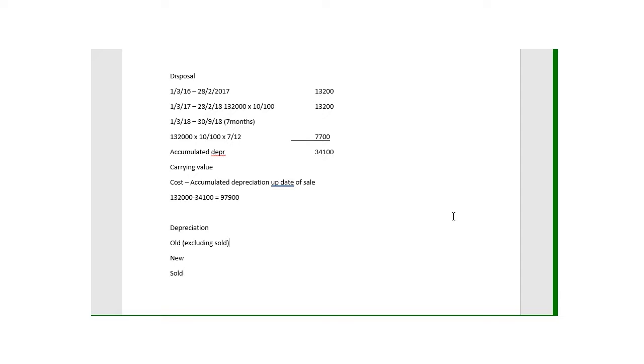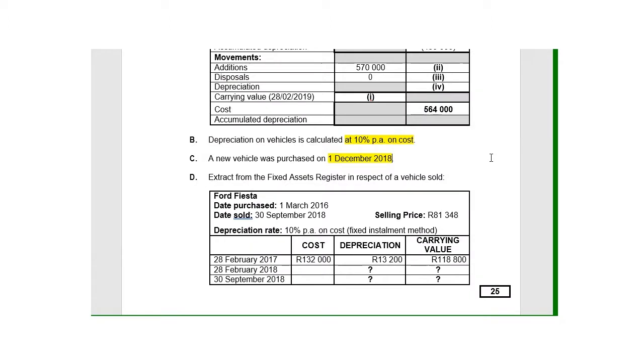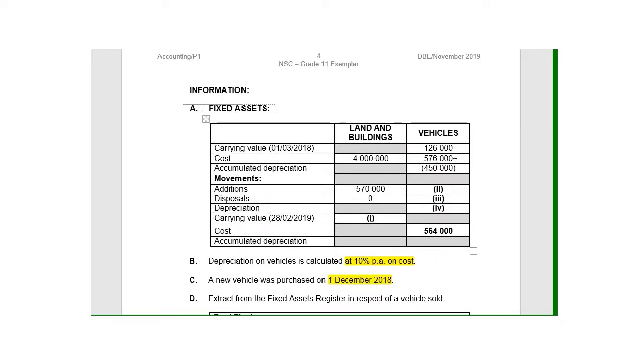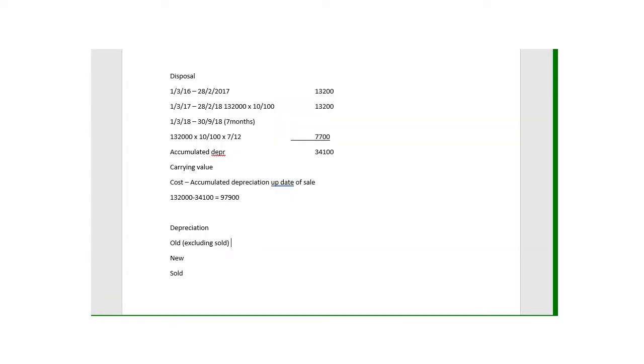Old excluding sold. The old would be the opening balance, the opening cost in this case, because I'm working on the cost price only. So if I worked on the diminishing balance, I'd have to do that for the accumulated as well.